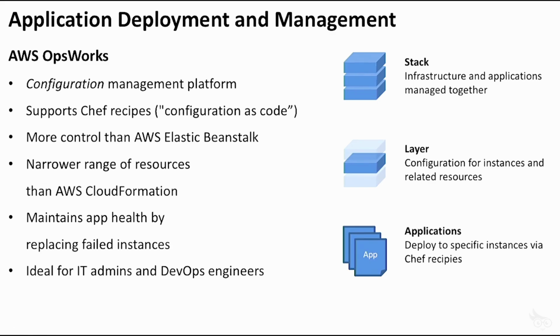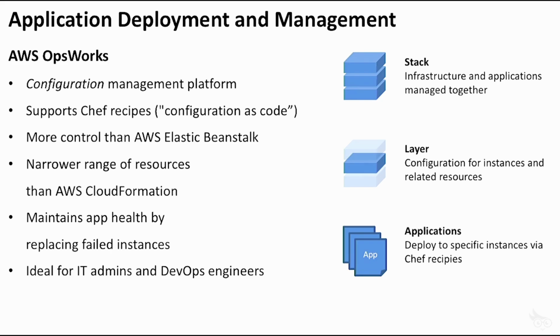So again, if we go back to that scale of convenience versus control, where on the very far side of convenience we have Elastic Beanstalk, and on the very far side of control we have custom scripts that we write. Somewhere in the middle, giving us a little more convenience but still absolute control is CloudFormation.